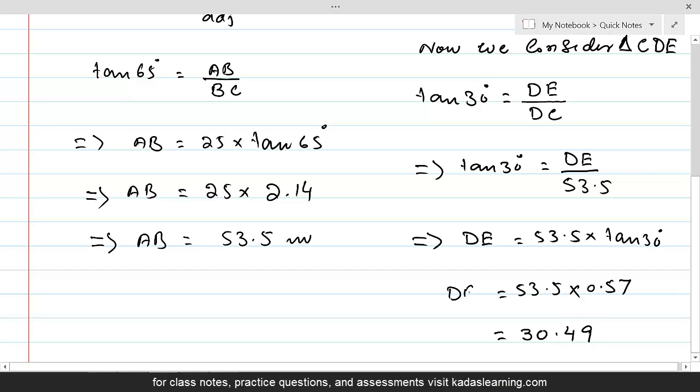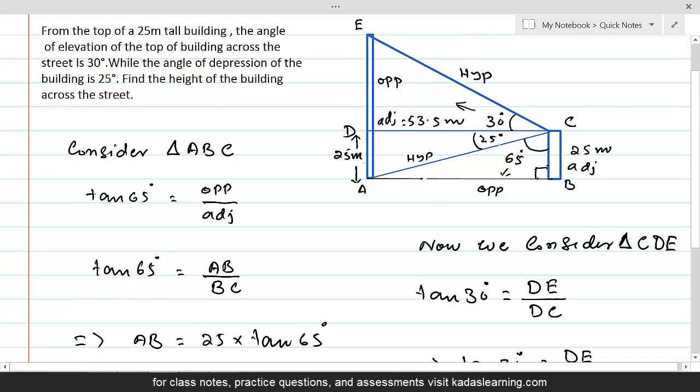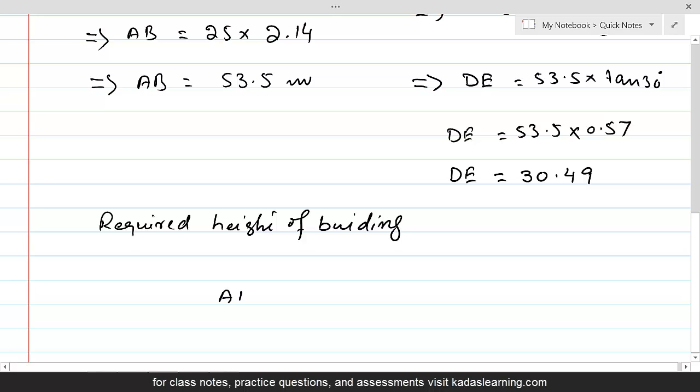And we have DE now, and we already have AD, which is 25. The total length is EA, the height of the building required. Height of the building is AE, which is equal to AD plus DE.